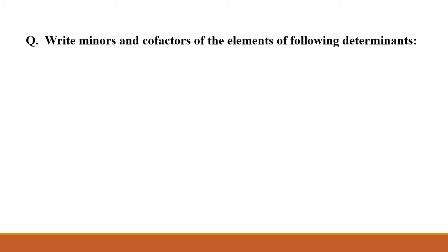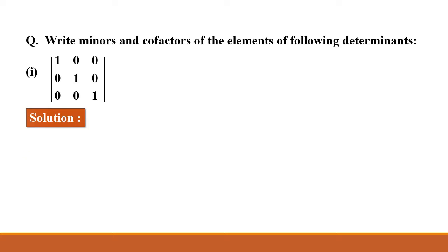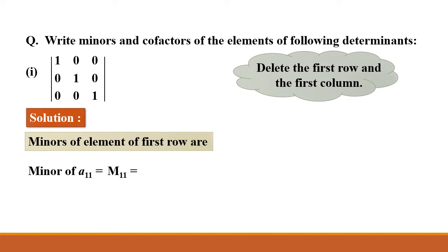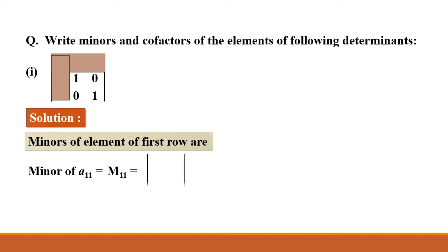Next question, write minors and cofactors of the elements of the following determinant. So we will consider a 3 cross 3 matrix: 1 0 0, 0 1 0 and 0 0 1. So the minors of the elements of the first row: minor of A11, that is M11, is equal to the determinant 1 0 0 1.